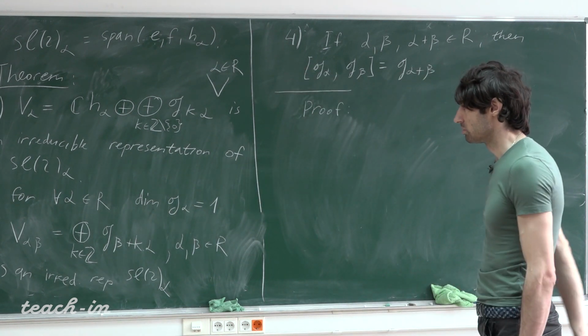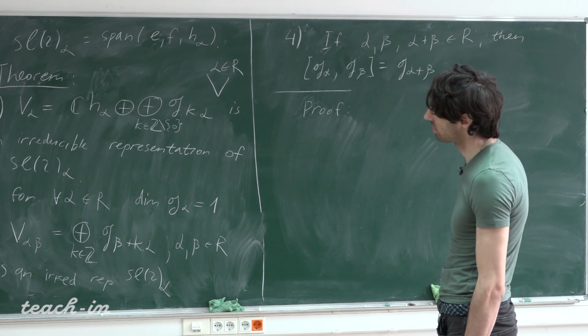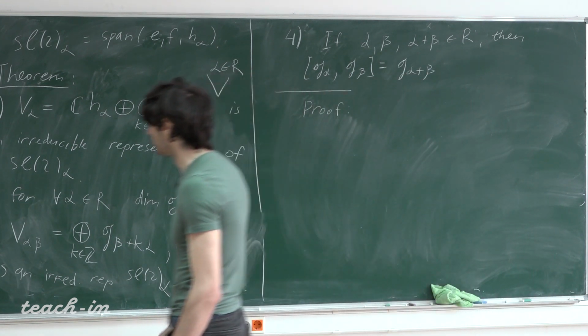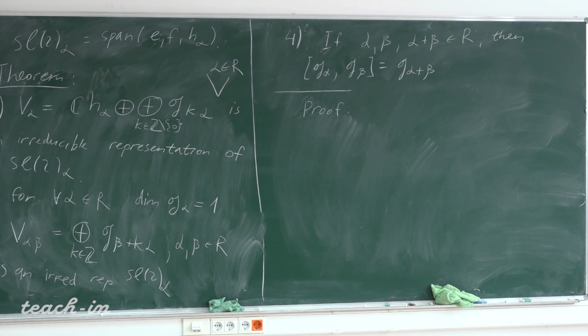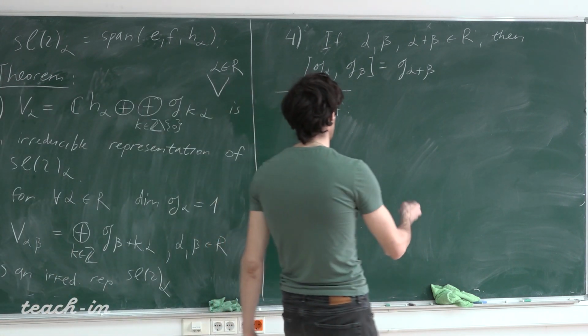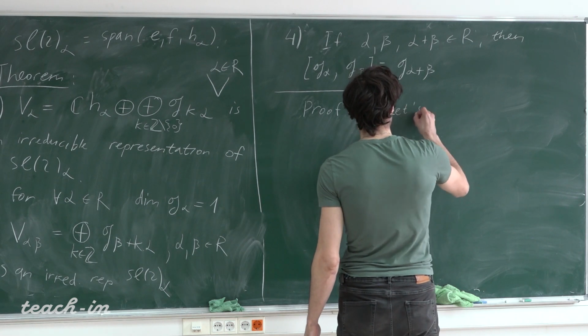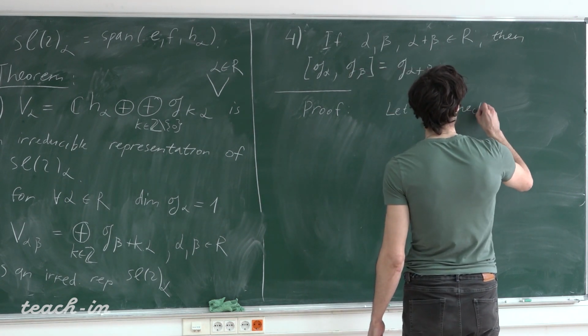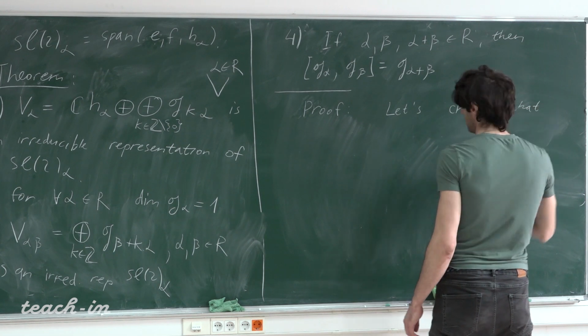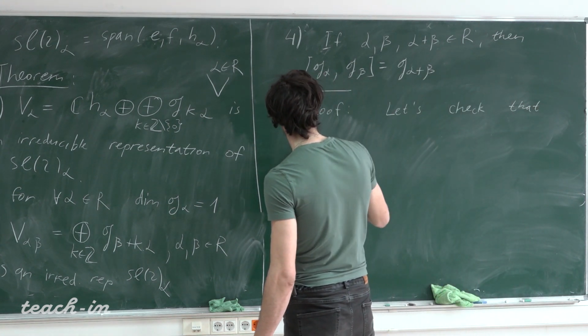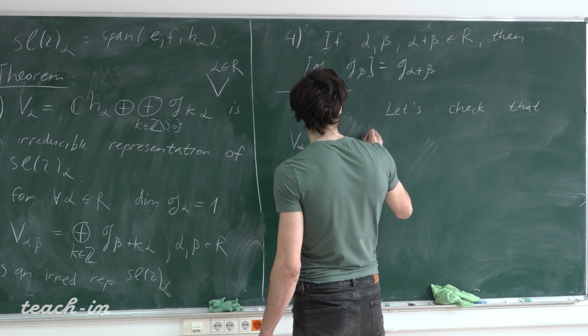Okay, so let's prove this in the order that we listed. All right, so it's easy to see that V alpha is an invariant subspace with respect to the action of SL2 alpha. Maybe we can check. Okay, so let's check that V alpha is an invariant subspace.